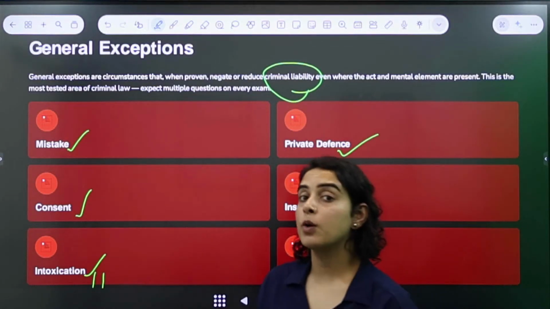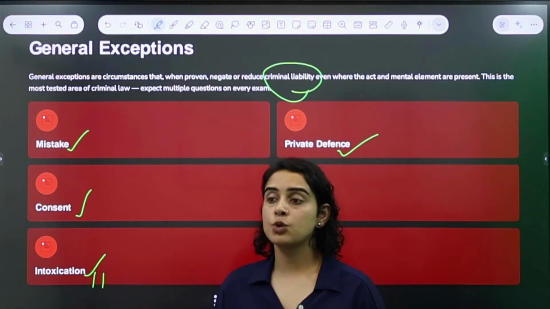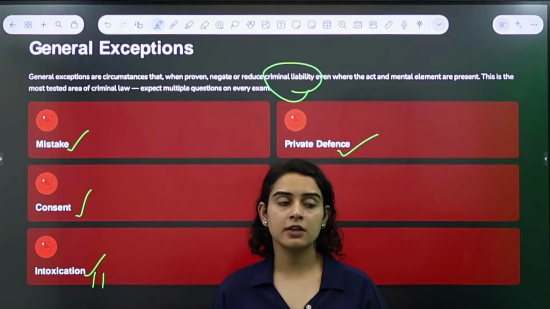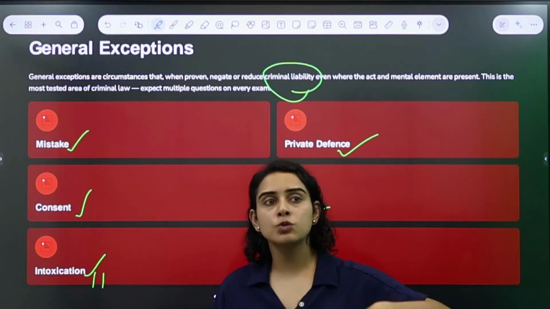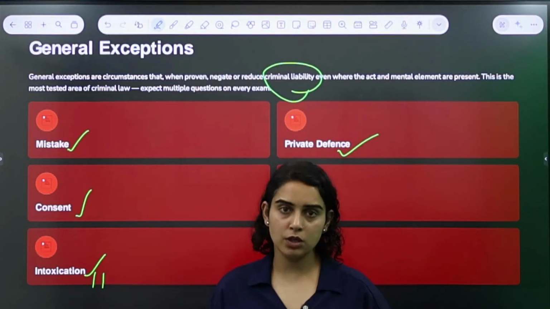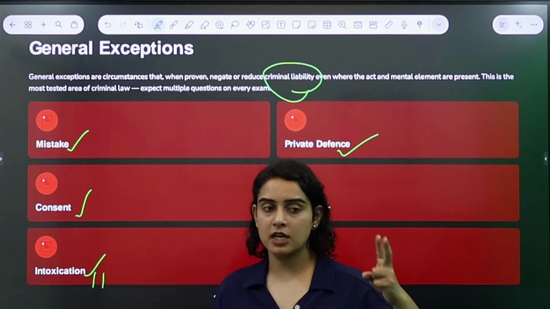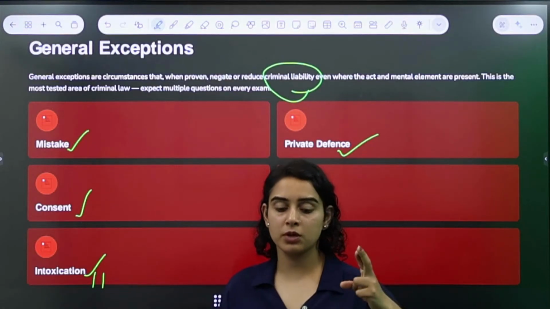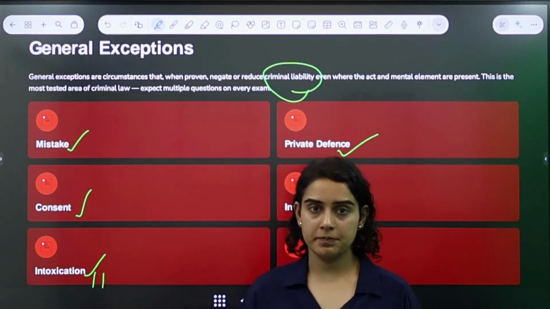If you are voluntarily intoxicated and then you commit a crime, let's say you and your friend went out for drinks and by your own choice have consumed alcohol, due to which now you're intoxicated, you are not in a position to understand good and bad, to decide what is right or what is wrong, and then you commit a crime, right?